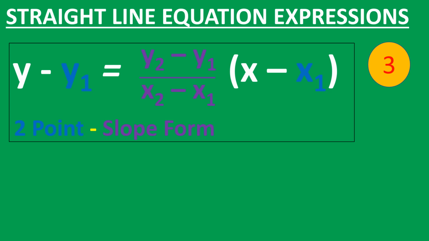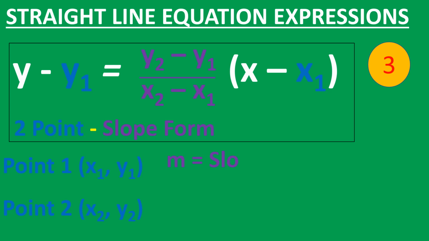Why is it called a two-point slope? Now you have your two points, your point 1 represented as x1, y1, and then your point 2, x2, y2.